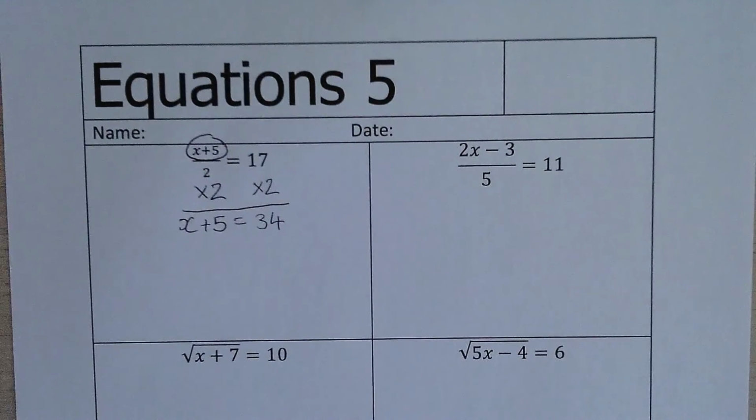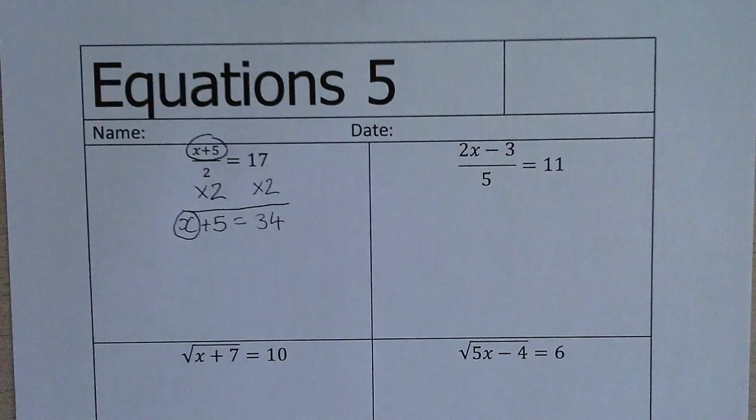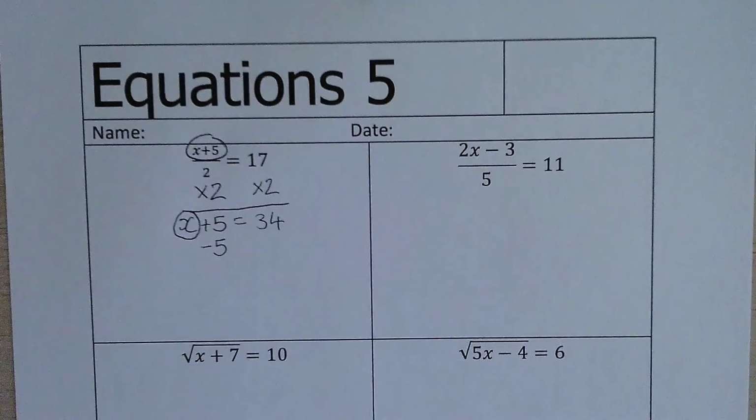We've not solved this equation yet because we don't have the variable isolated by itself. So in order to isolate x, I now need to get rid of the plus 5. In order to get rid of the plus 5, we do the opposite operation, which means I need to subtract 5. When we're subtracting from an equation, we need to subtract 5 from both sides of the equation.